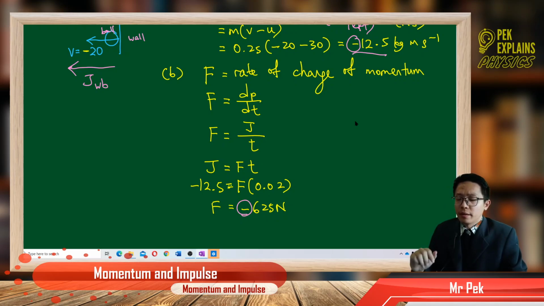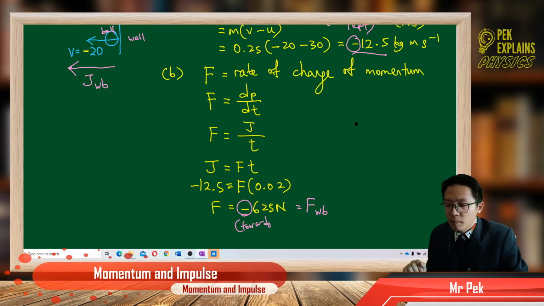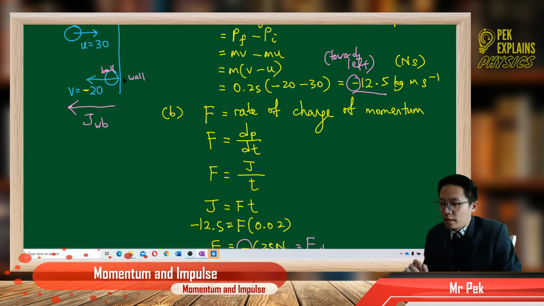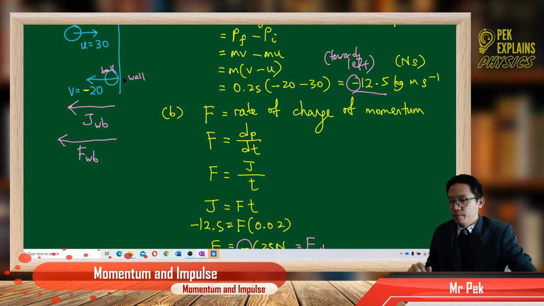If you notice, here once again we have a negative sign for the impulsive force. Why? Because this is the force of the wall pushing the ball towards the left. Negative means direction to the left. The force also follows the impulse. The force of the wall on the ball is the wall pushing the ball to the left. That's why the ball changes direction to the left.